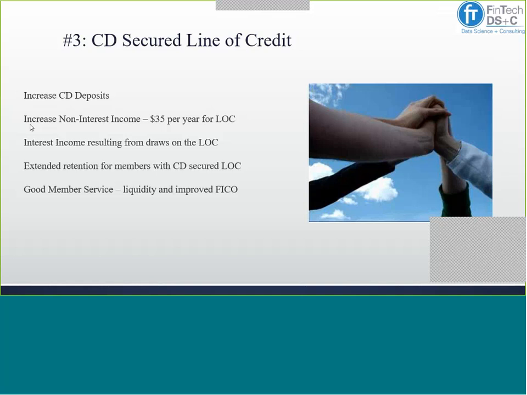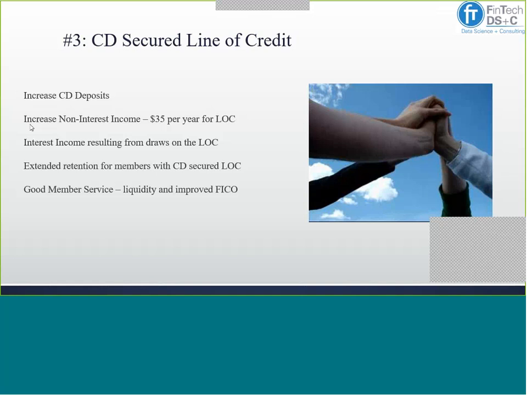Now, I'll tell you, for a large credit union, a little bit more than $6 billion, we made that pitch to their jumbo CD holders, and then we lowered it down to the people that had more than $50,000 in their CDs, and we had $22 million new credit balances in our CD secured lines of credit in 1 year.